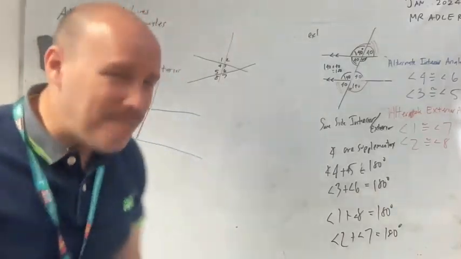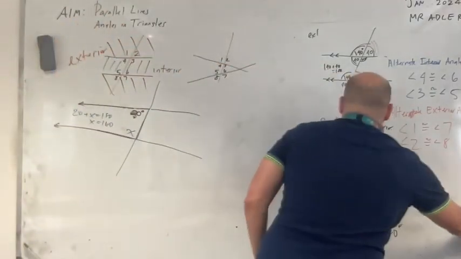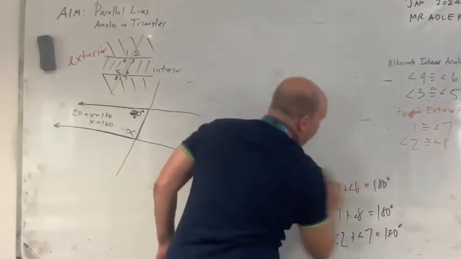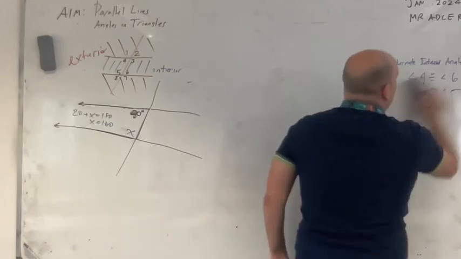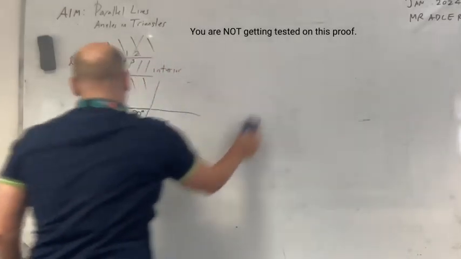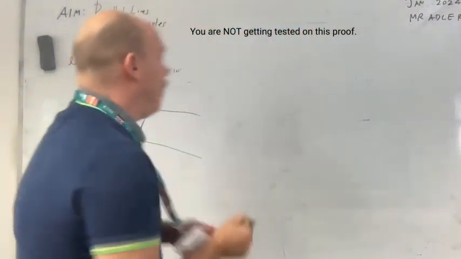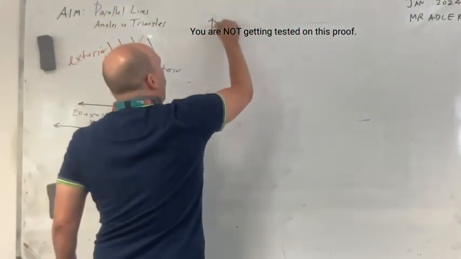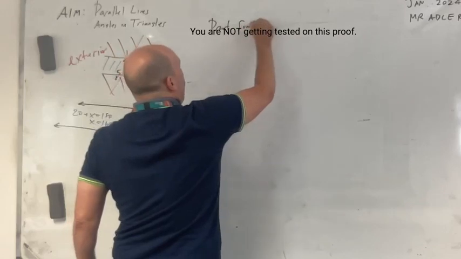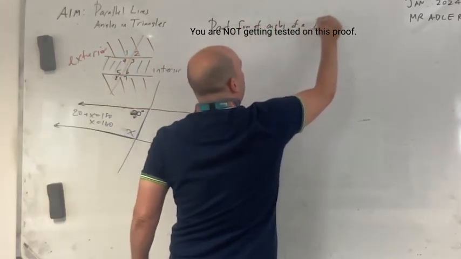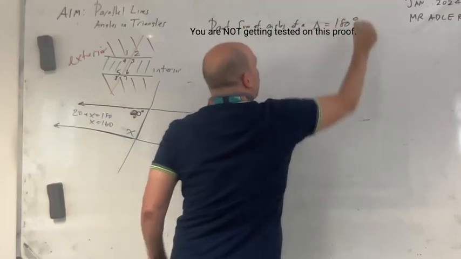Good. Okay. Next. Well, the great thing about parallel lines is that they allow us to prove that the angles of a triangle equal 180 degrees. So let's just quickly do this. Proof: the sum of the angles of a triangle equals 180 degrees.